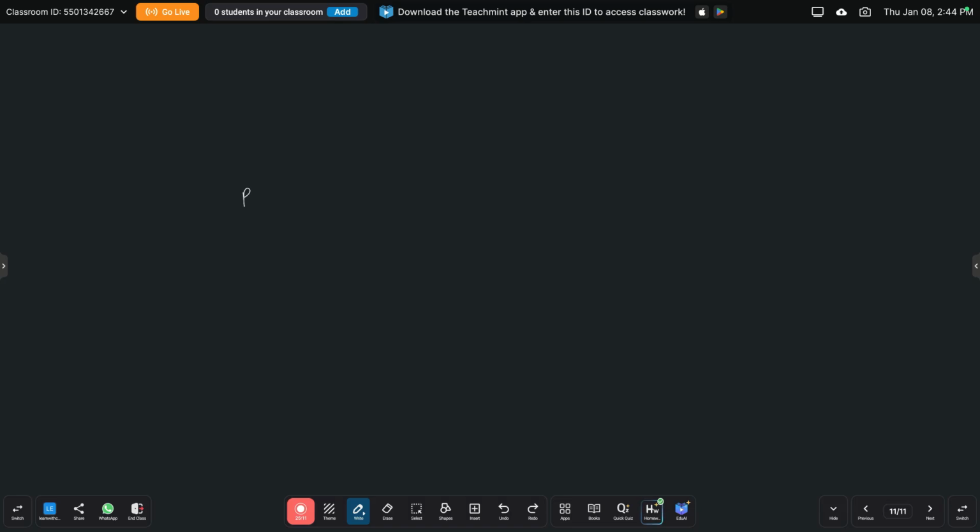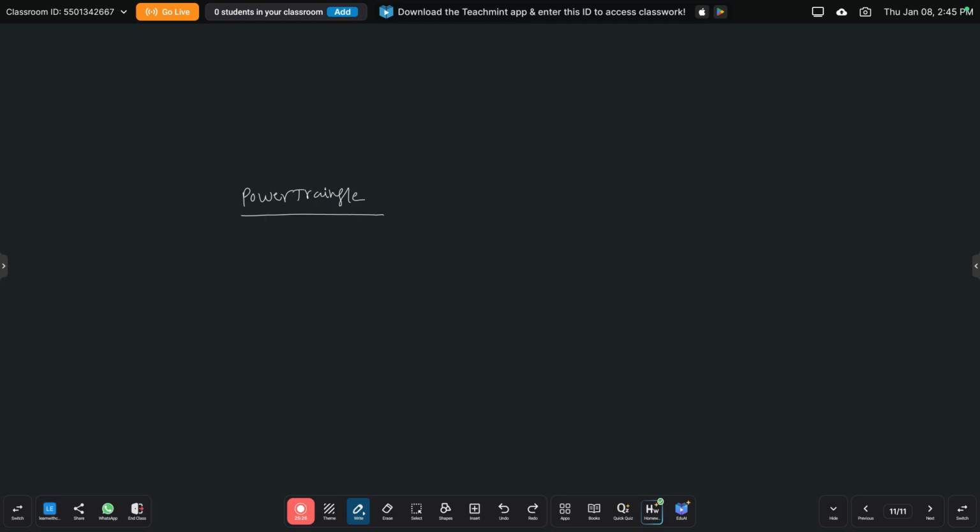Now the next one is the power triangle. The power triangle is a geometrical representation of the apparent power, active power and the reactive power.